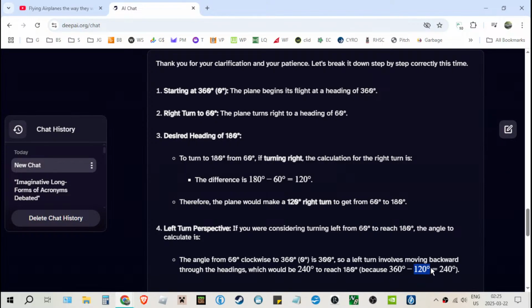The part I'm kind of hung up on is 120. Like, why did it just grab 120 from 360? There's possibly something going on here that I'm not seeing.